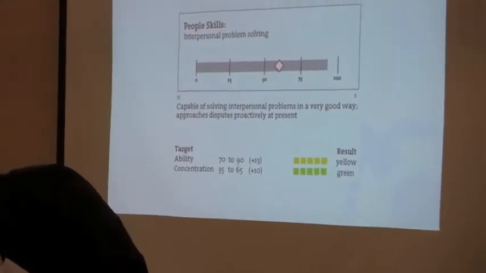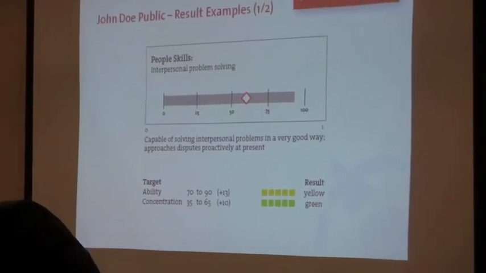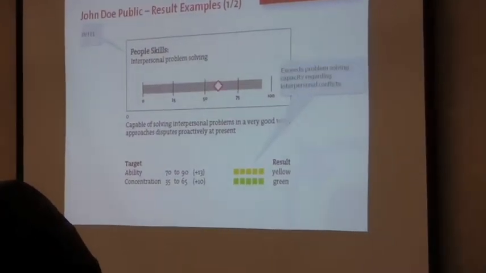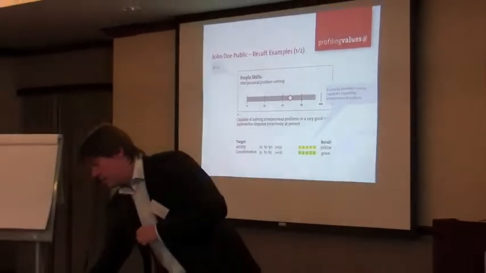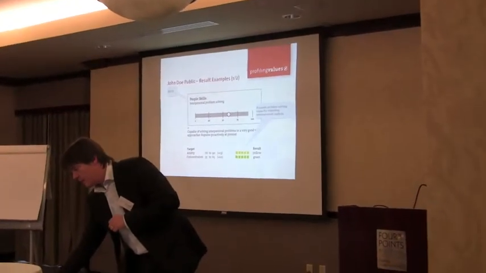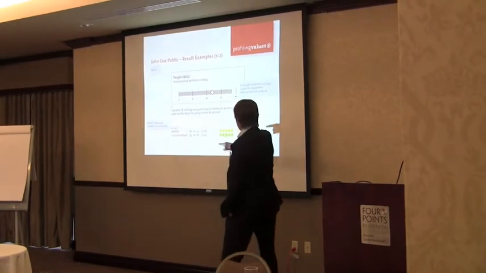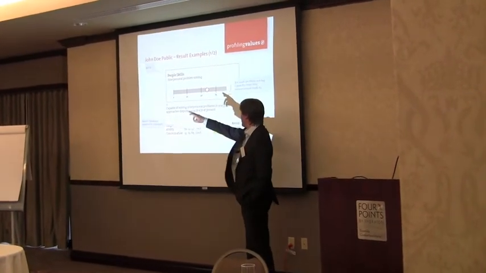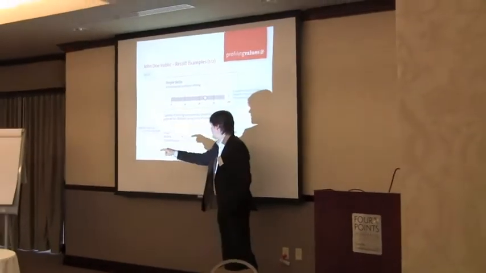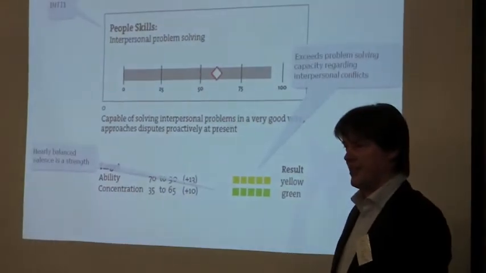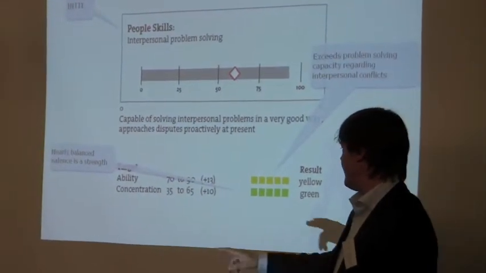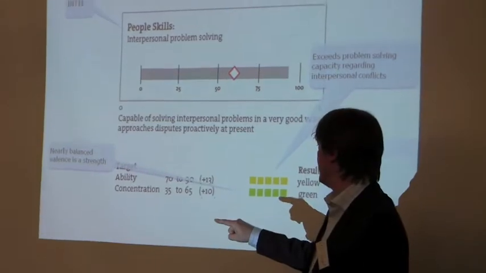Let's have a look at John Doe within this example. I have here the integrational intrinsic worldview scale, and we see that he's got a yellow here with the bar. That means the bar exceeds the range which is desired. And here, with the concentration, we have a green.